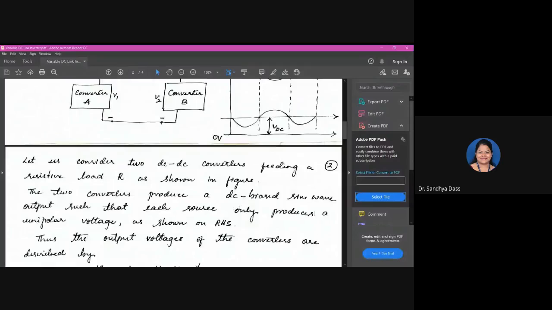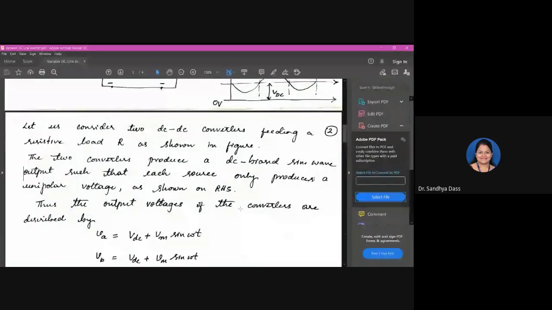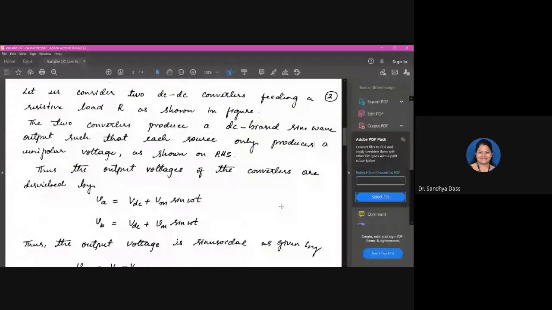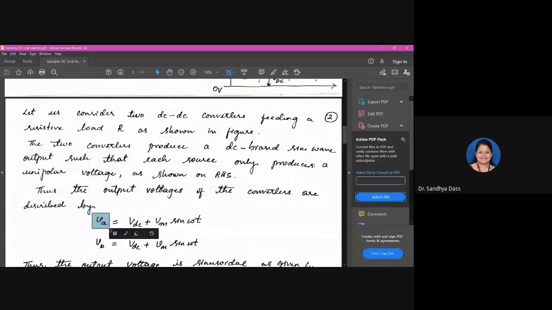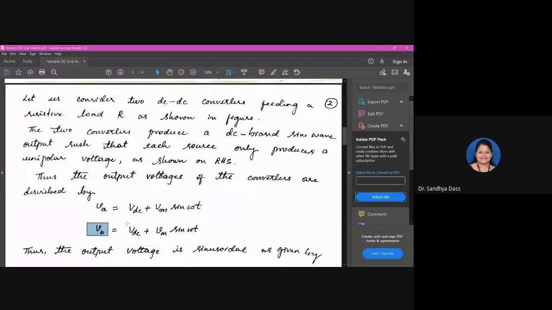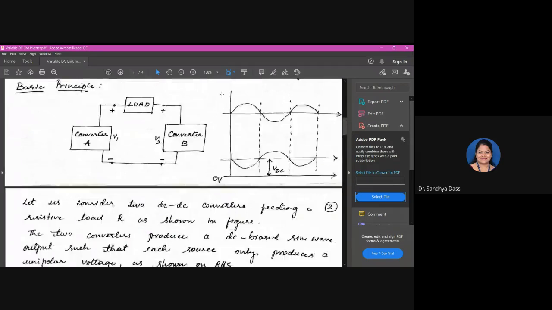The output voltages of the converters are described as follows: if VA is the output of converter A, then you can write it as VDC plus Vm sin omega t. And if VB is the output of converter B, then it is VDC minus Vm sin omega t, because of the output we have just discussed.